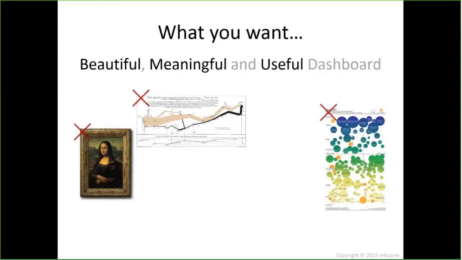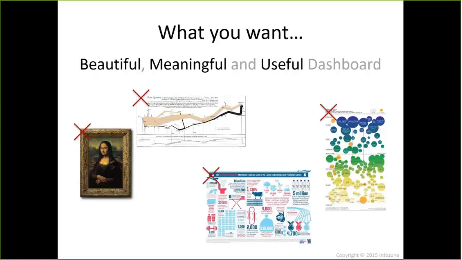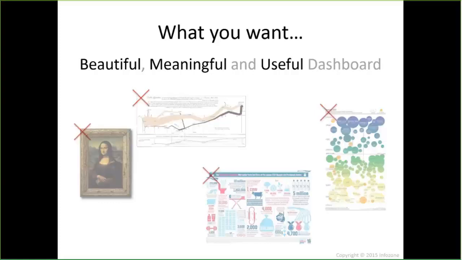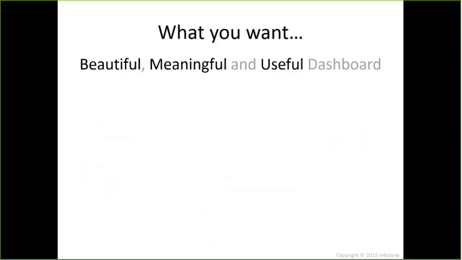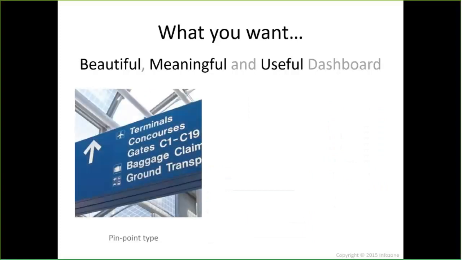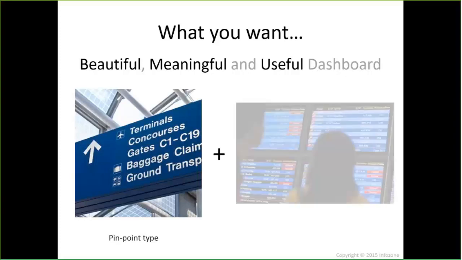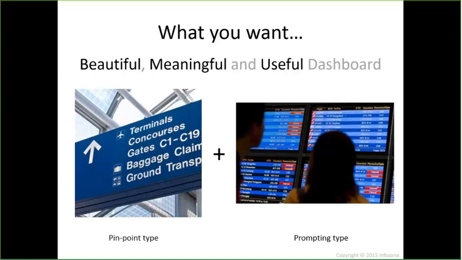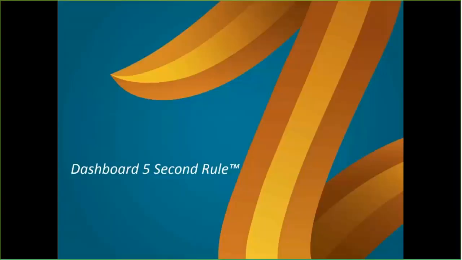Or you may have some nice infographics, but when you look through it, you may say, so what? It may not be so meaningful. Or you also want to avoid something that is a maintenance nightmare. So what I would say is what you want for your dashboard is the pinpoint type information and the prompting type information. So let's concentrate on that going forward.